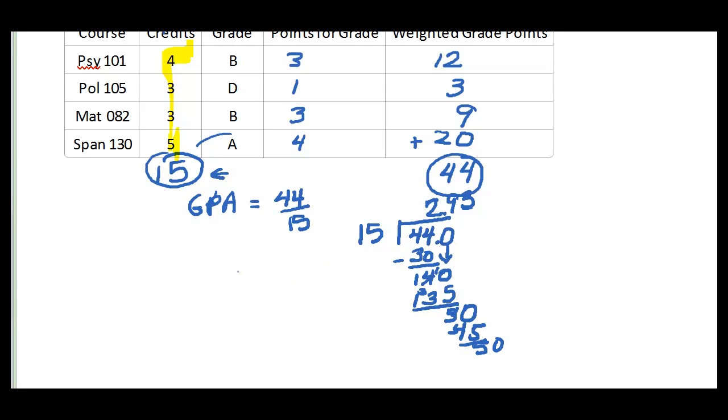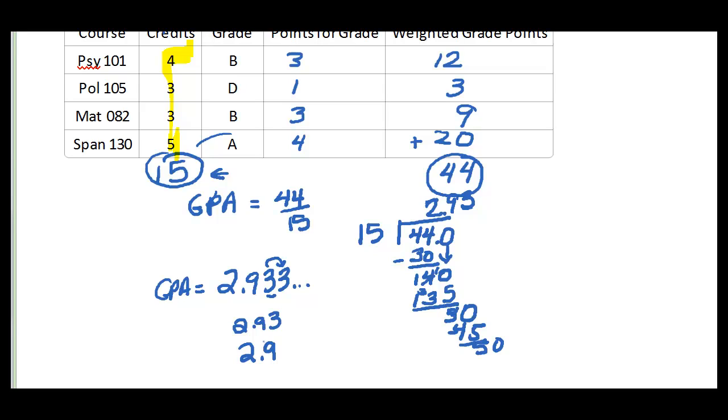So we are getting a 2.933 GPA, and if we do 2 decimal places, that rounds to a 2.93 GPA, or if we do 1 decimal place, that's a 2.9.